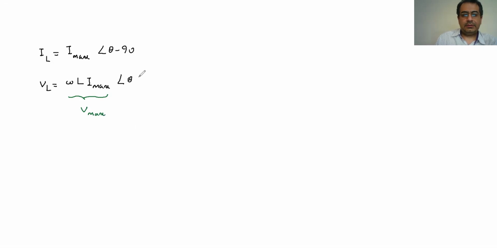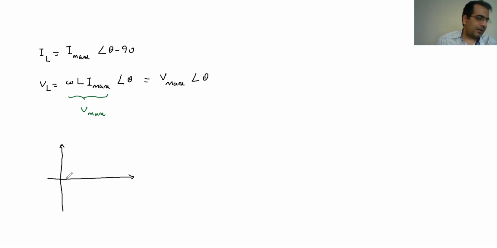So I can write it as Vmax with angle of theta. Now, if I go ahead and draw these two together, so first I draw the Imax, IL, so you can do the Imax with theta minus 90 degrees, or let's draw this one first.